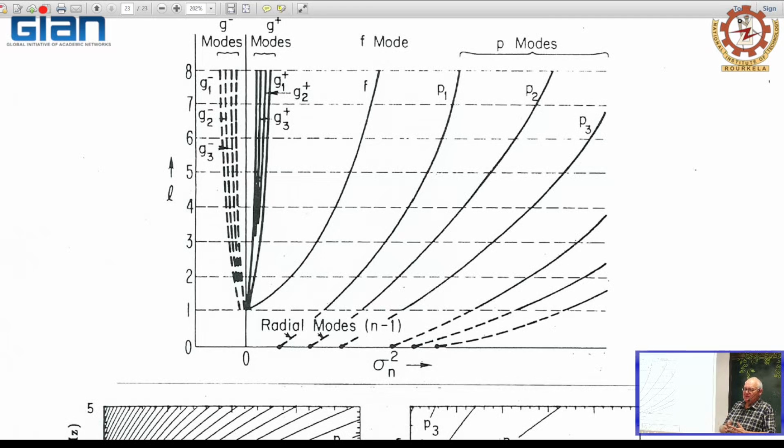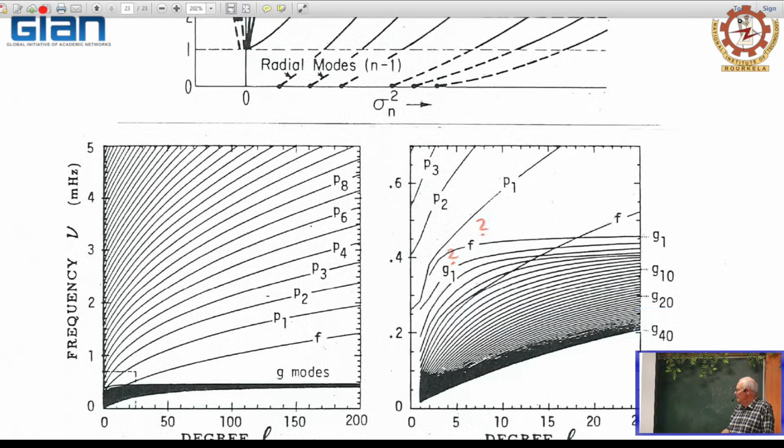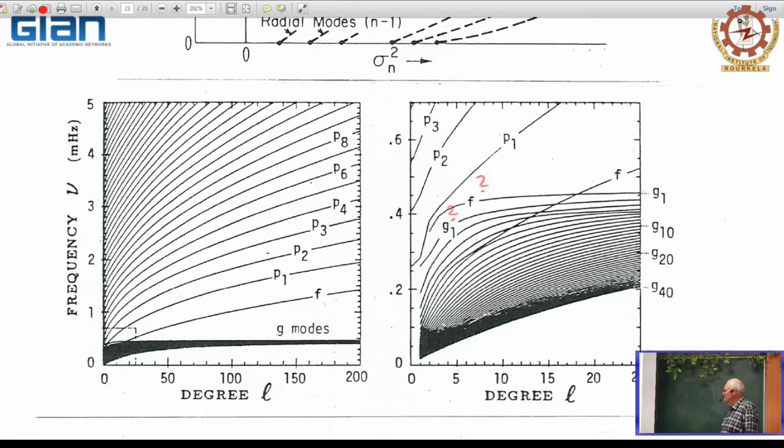We look for those stellar models for which the theoretical results fit best to the observed values. So, for instance, for the Sun, for which the adiabatic approximation is not bad, we have the following theoretical result.